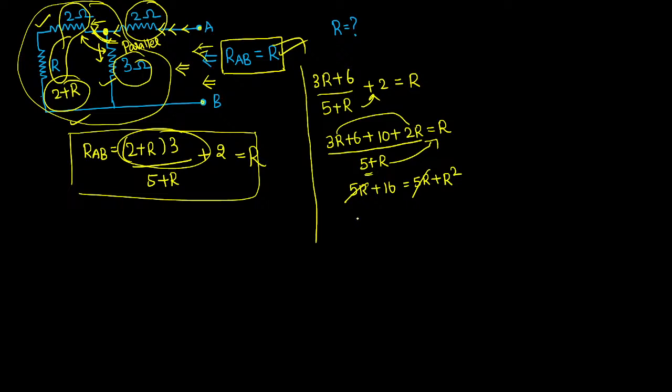So next, R square equal to 16. Then the value of R will become plus or minus 4 ohm. Anyway, here they won't take the negative value, they will consider only the positive value. So finally the conclusion is the value of the resistance is equal to 4 ohm.